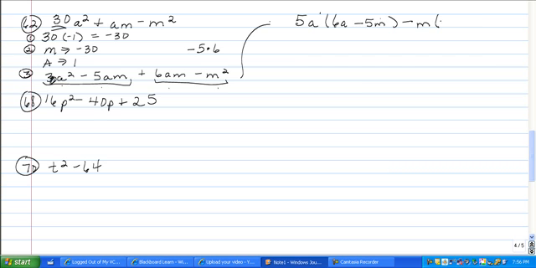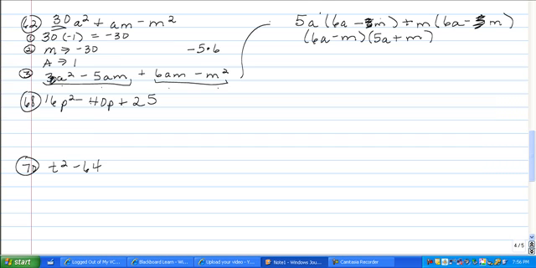Plus, we can take out an m, a positive m, it should be a plus, and that'll be 6a minus 5m. Okay. So, what we have left, now the common factor is 6a minus m, and we're left with 5a plus m.